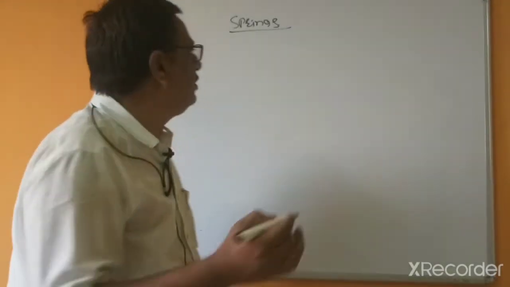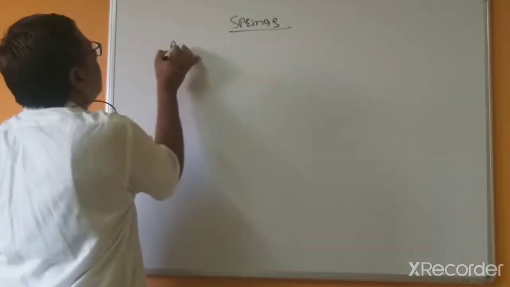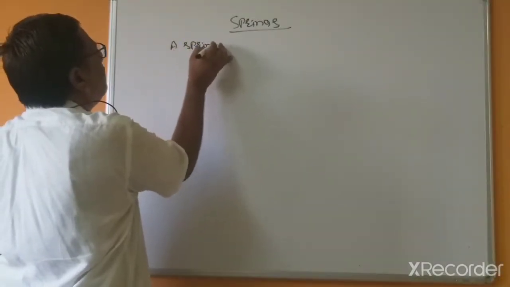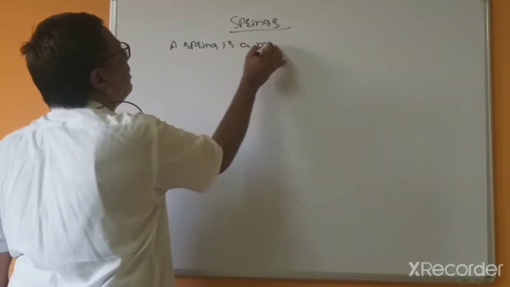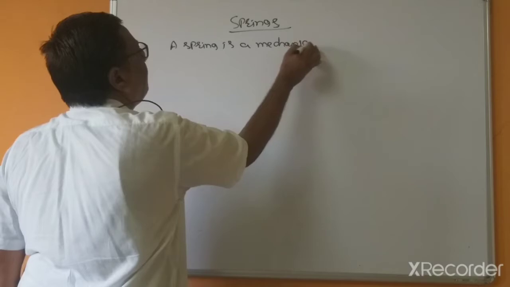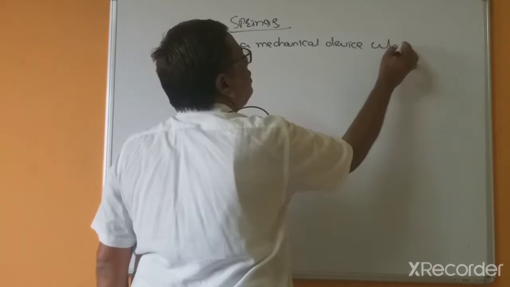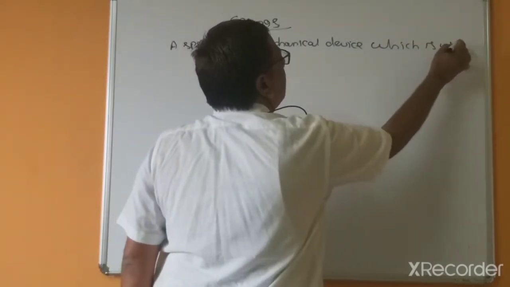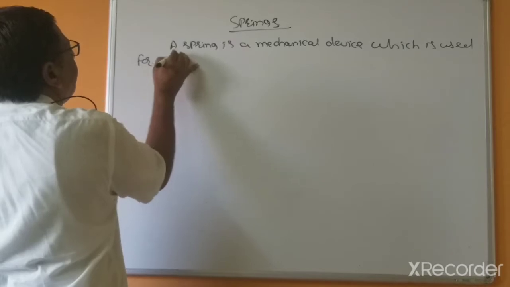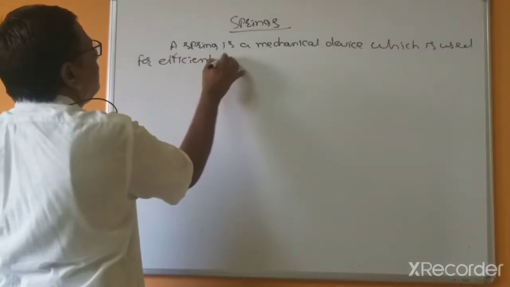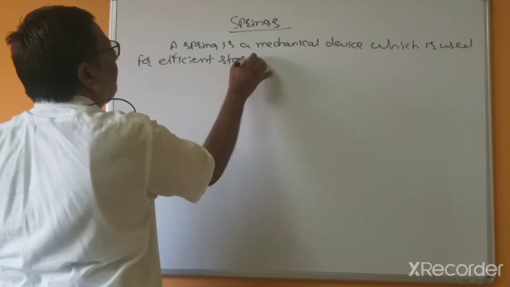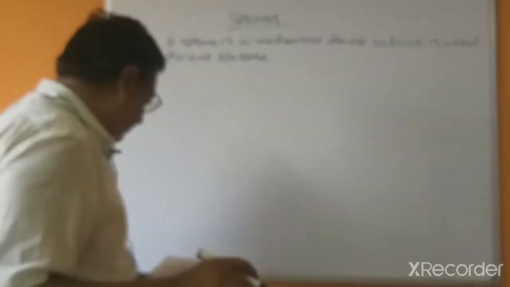A spring is a mechanical device which is used for efficient storage of energy, and that is potential energy.